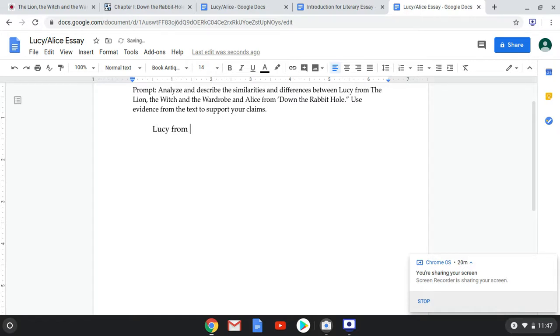Lucy from The Lion, the Witch, and the Wardrobe, and Alice from Down the Rabbit Hole, are alike in some ways and different in others.